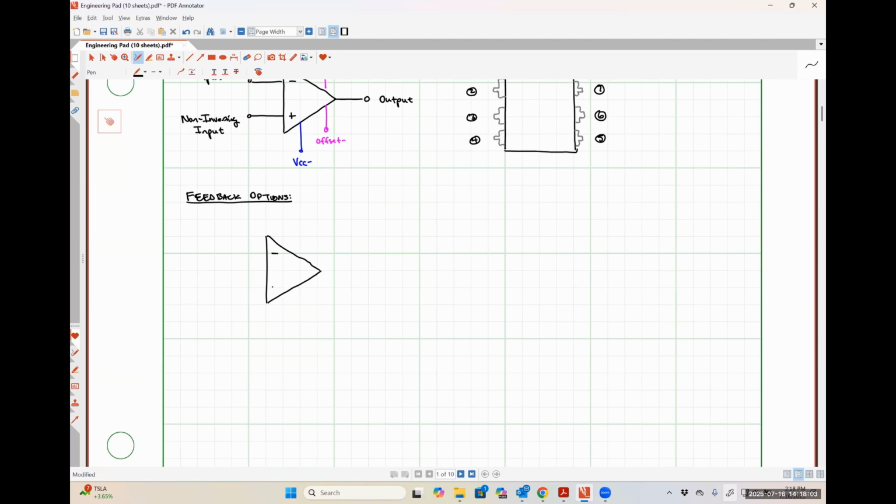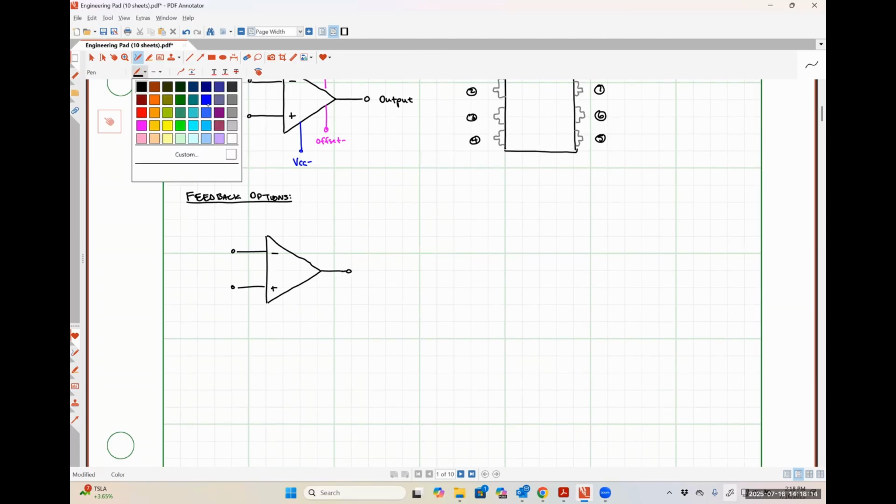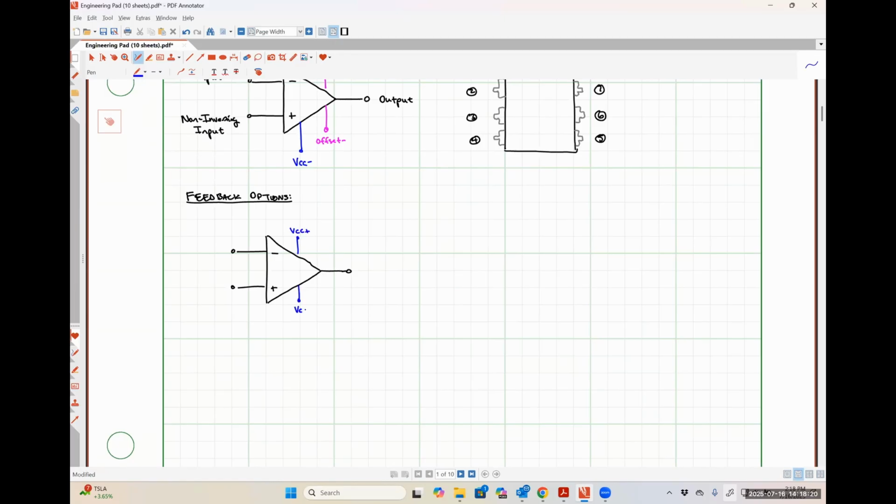So here is our basic op amp with its terminals labeled. For the hell of it, I'm going to put the VCC plus and VCC minus terminals on here.